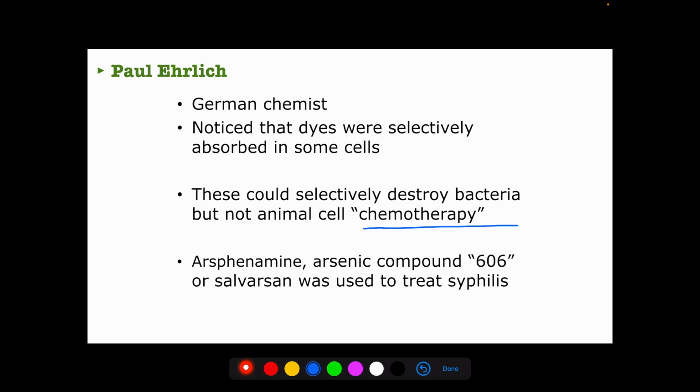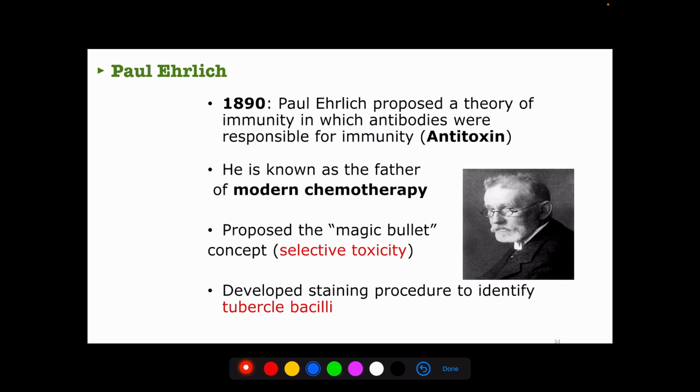Now, he developed some chemical compounds, and we had arsphenamine, and also 606, or the Salvarsan, which was used to treat syphilis. Now, in 1890, he proposed a theory of immunity in which antibodies were responsible for immunity, and he is known as the father of modern chemotherapy.